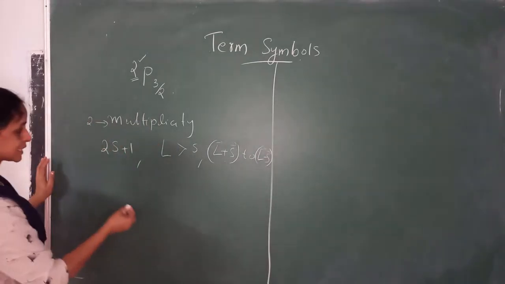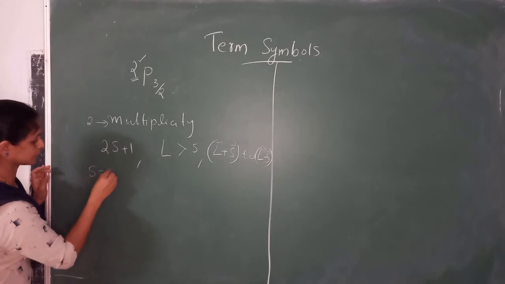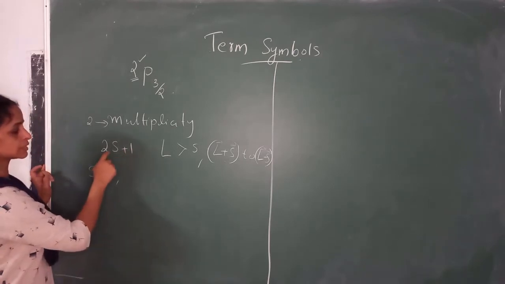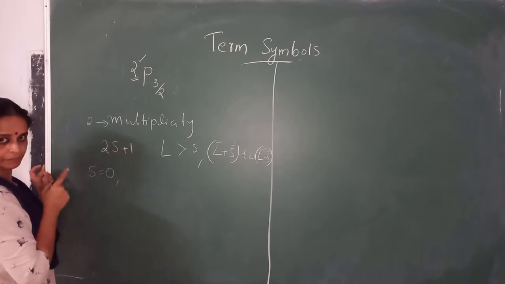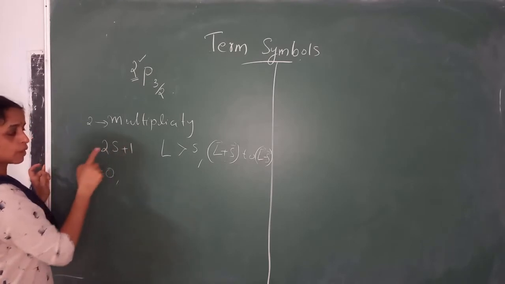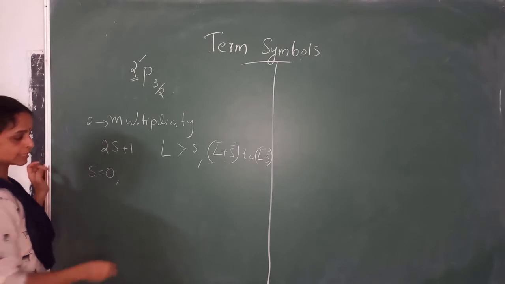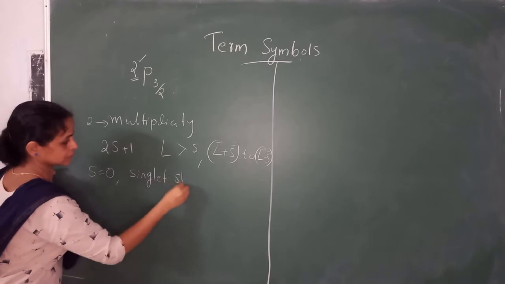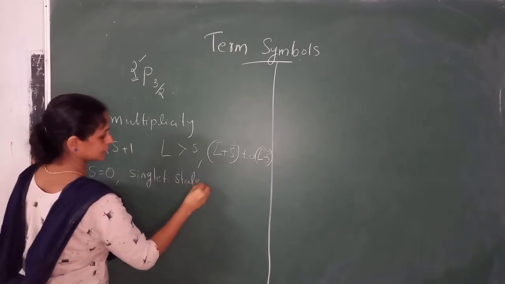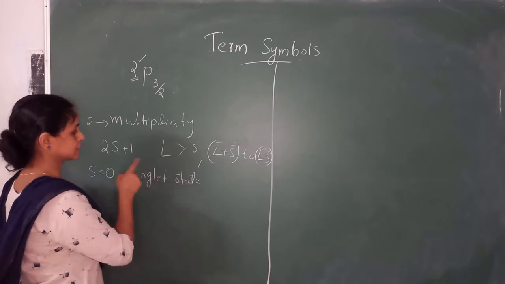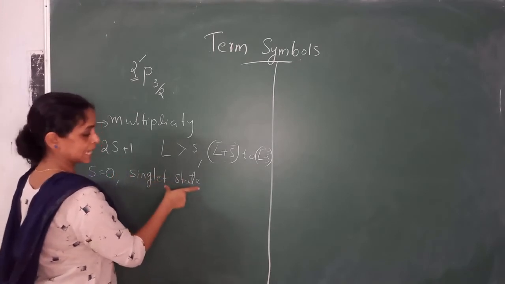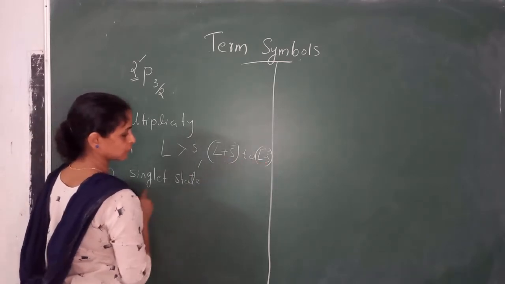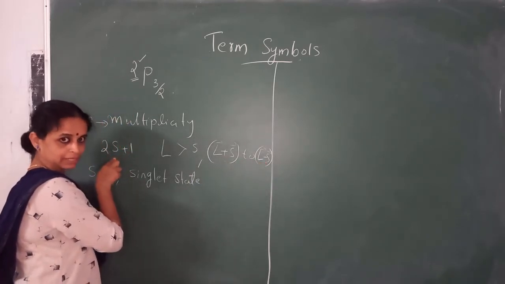That means when S is equal to 0, 2S plus 1 is 1, so there will be only one state. When S is equal to 0, only one possible value for j, that is a singlet state. That means when S is equal to 0, j is equal to L plus S to L minus S, so only one possible state will be there.